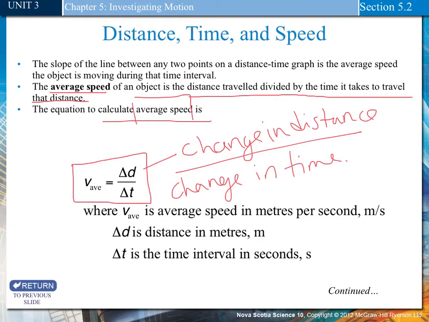So v average is the average speed, and it's usually measured in meters per second. Change in distance, delta d, is the distance in meters. And the change in time, delta t, is our time interval, measured in seconds.